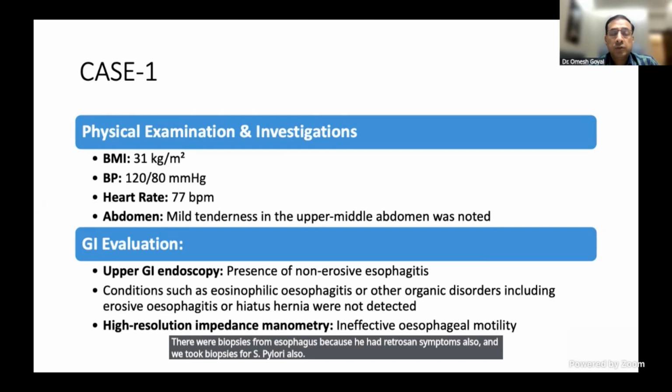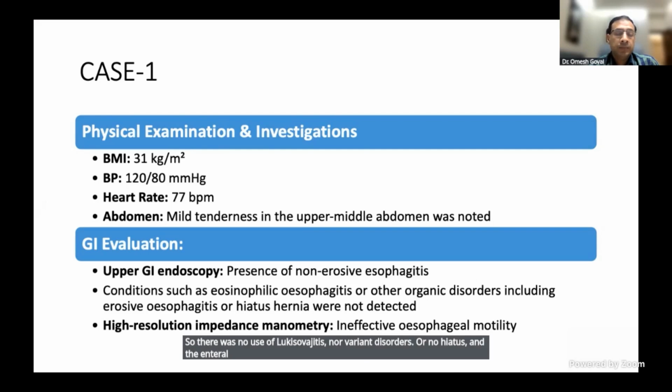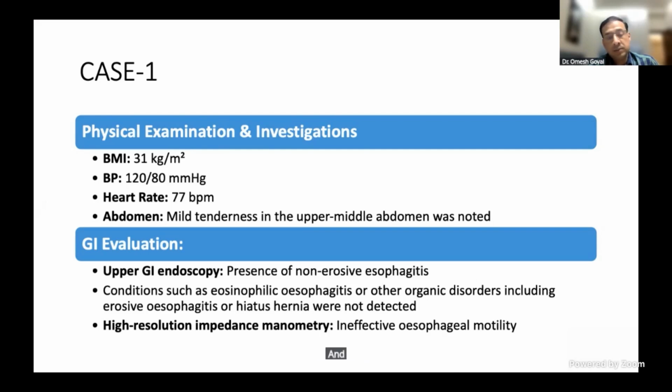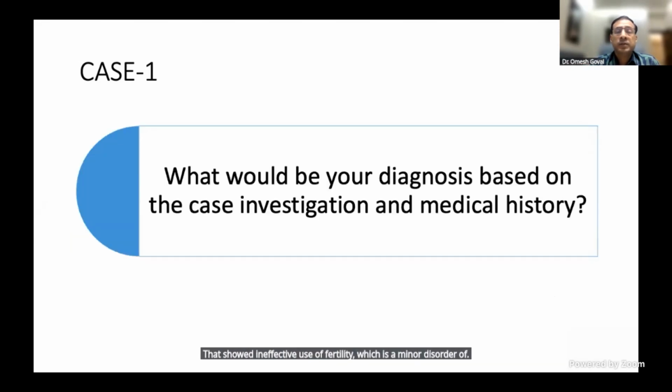There was no eosinophilic esophagitis, no organic disorder, no hiatus hernia, and the antral biopsies were also normal. Sometimes he said he had dysphagia also, so we did manometry because of the occasional dysphagia. That showed ineffective esophageal motility, which is a minor disorder of motility.